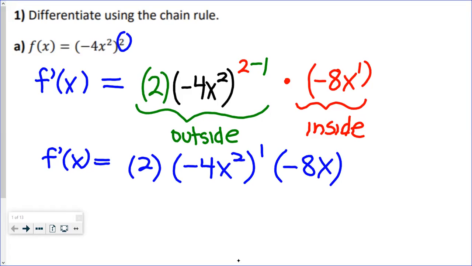Well, negative 4x squared to the power of 1 doesn't change that function, so we can actually delete that part right there. And now we can simplify. So f prime of x is going to be equal to 64x cubed. Any questions about that?